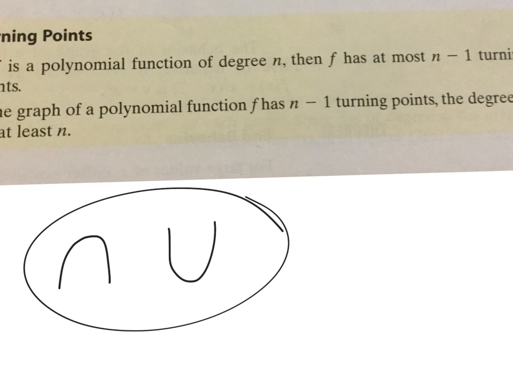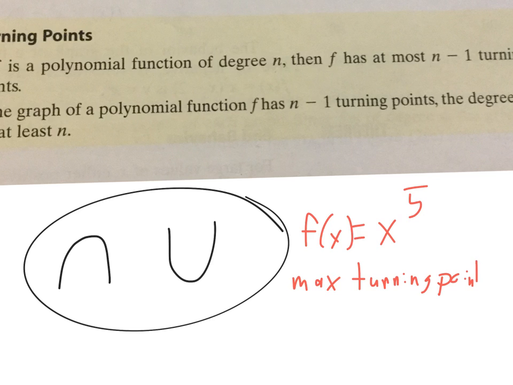All right. Now say that you have a polynomial, and its degree is 5. Then the maximum number of turning points that can occur in your graph is 4.